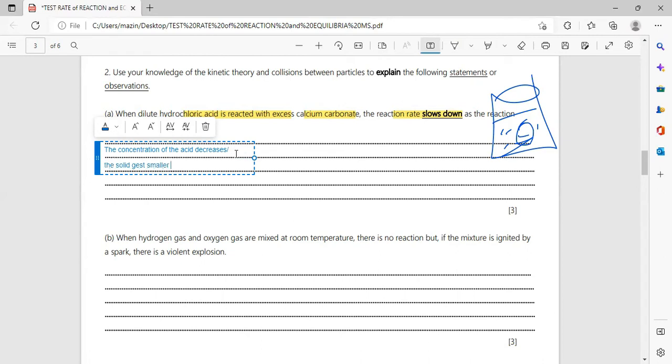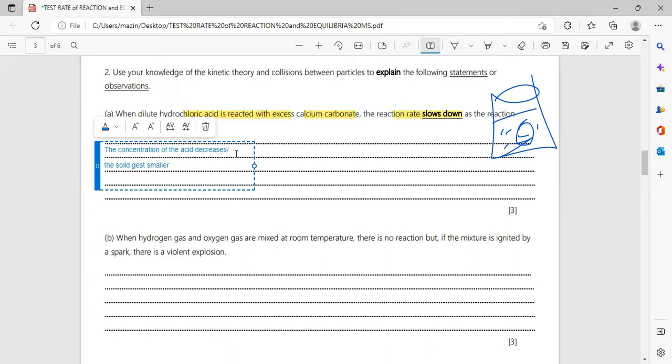The solid is big at the beginning of the reaction, so it will have a big surface. As the solid particle gets smaller, its surface will be smaller.